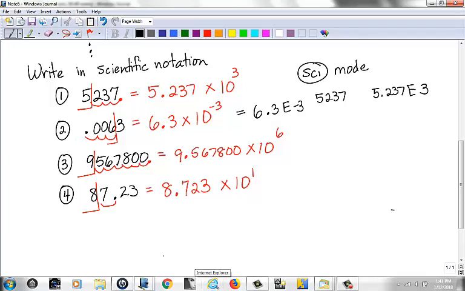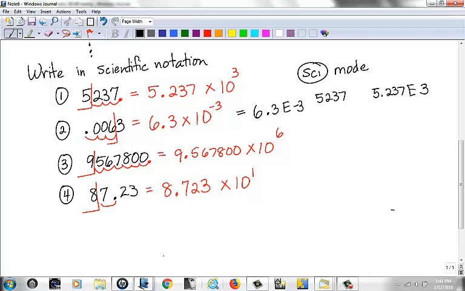You should be able to do it by hand, like we just did going through the notes, and you should be able to do it on the calculator. Now let's try the longer one. Try 9567800 and then just press enter. It did take off the last 2 zeros, didn't it?